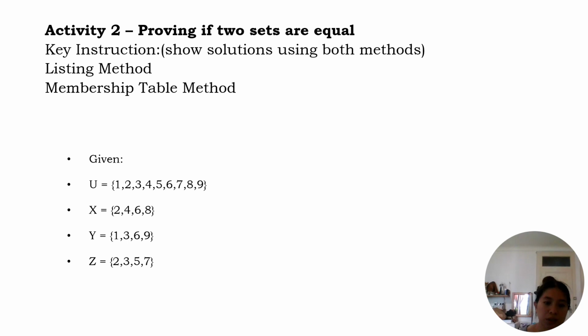Let's use first the listing method, and this is the given. We have 4 propositional variables, I mean, the universal set, set X, set Y, and set Z. So these are the given.